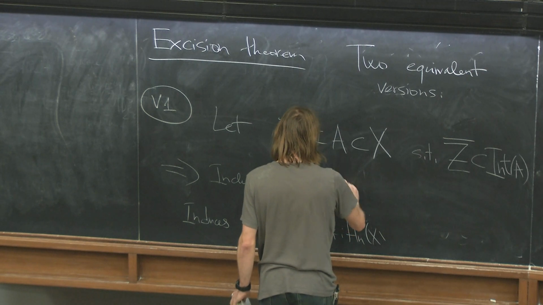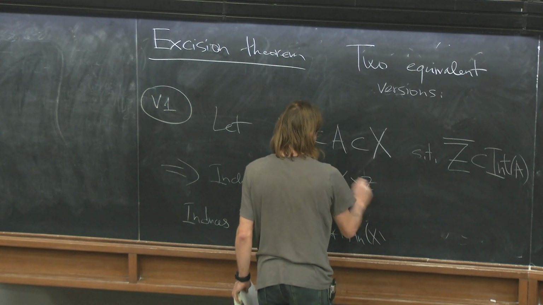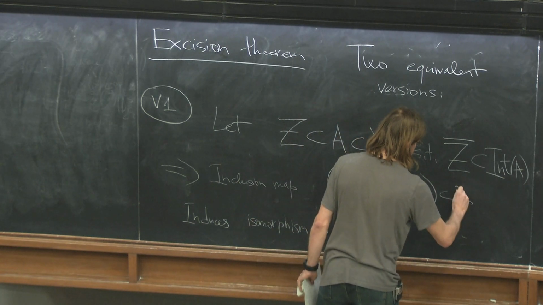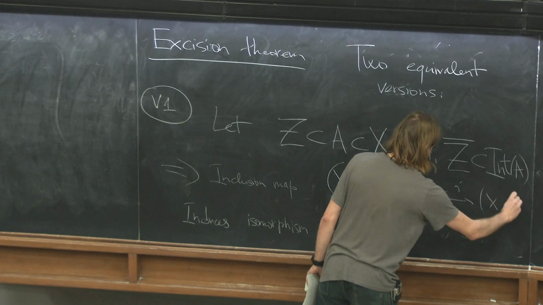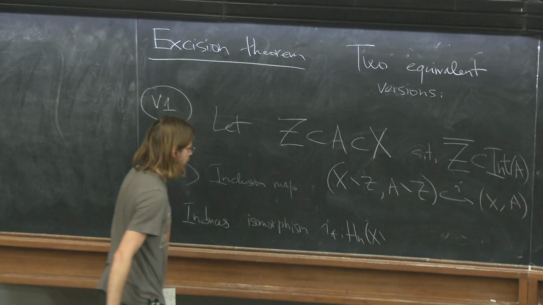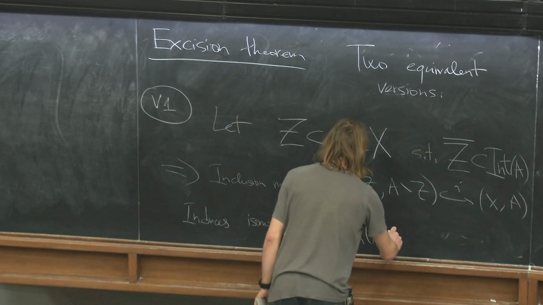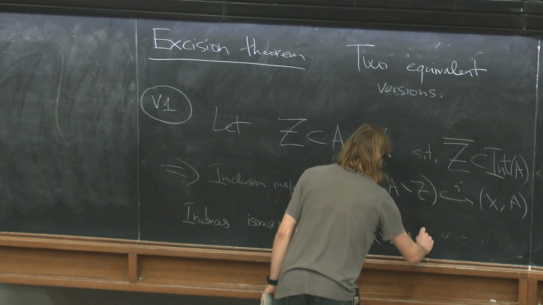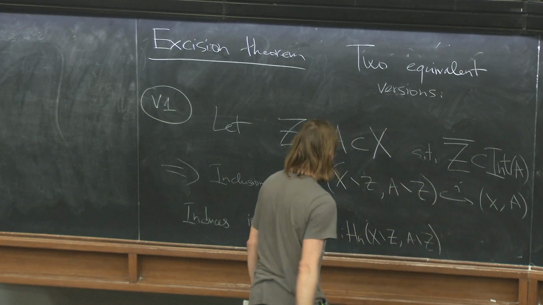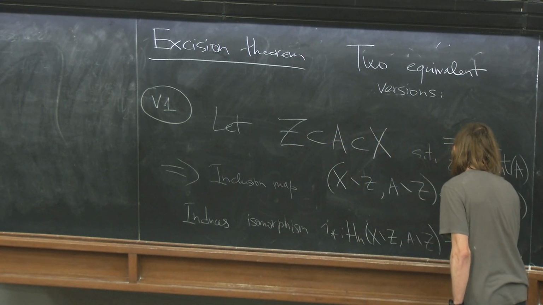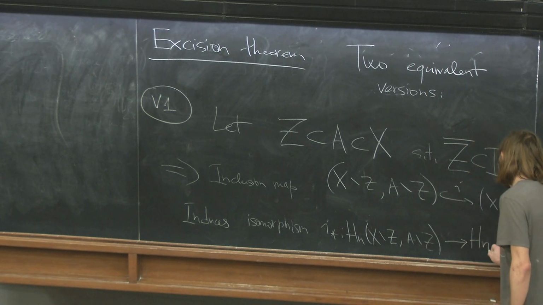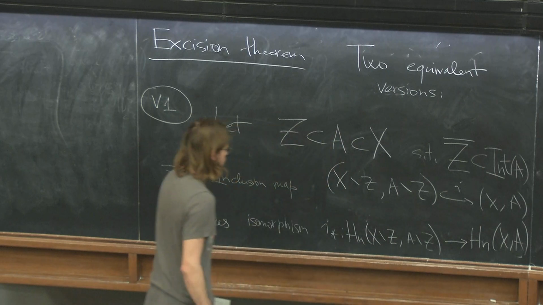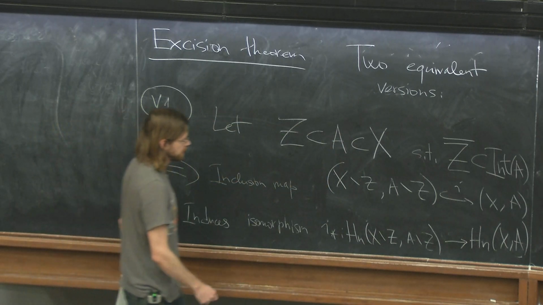We consider X minus Z, comma A minus Z, included in X, comma A. And here we just have a map I star between the corresponding relative homology groups. The statement is that this is an isomorphism.